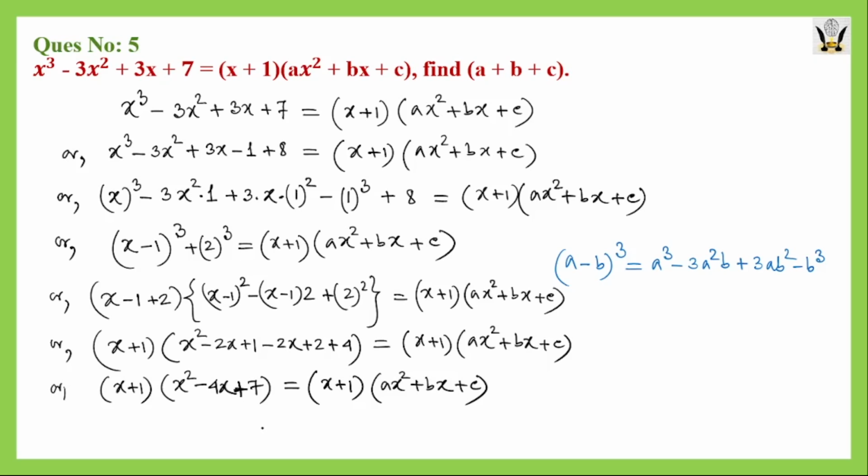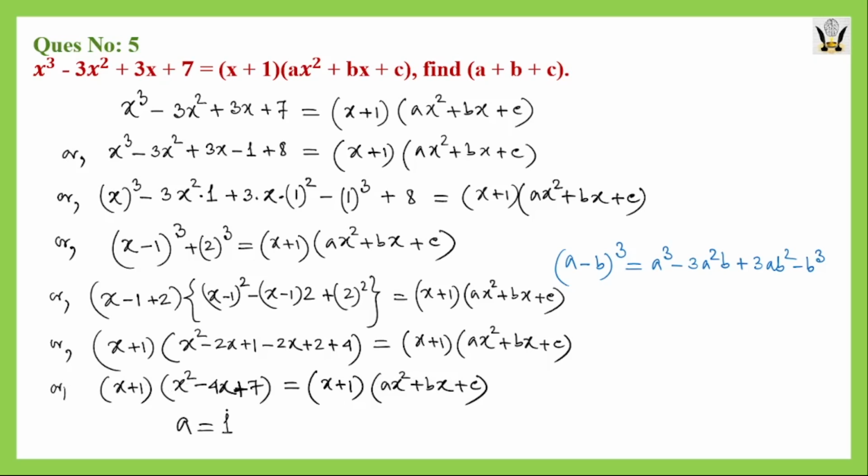Now if we compare both the sides, on both the sides we have the factor x plus 1, and the second factor on the left side is x square minus 4x plus 7, and on the right side it is ax square plus bx plus c. So if we compare the coefficients of the second factor of both the sides, then we can write that a will be equal to 1 because the coefficient of x square is 1 here.